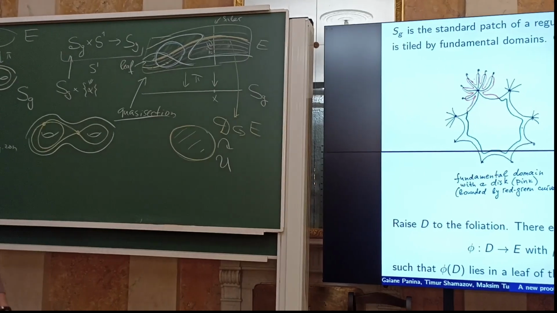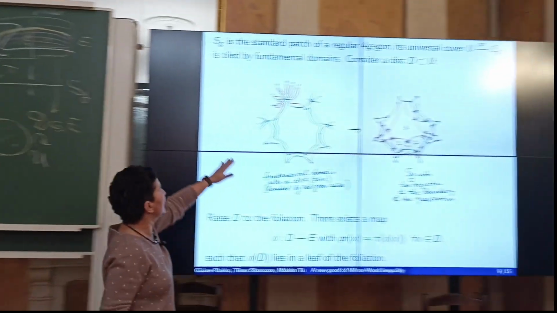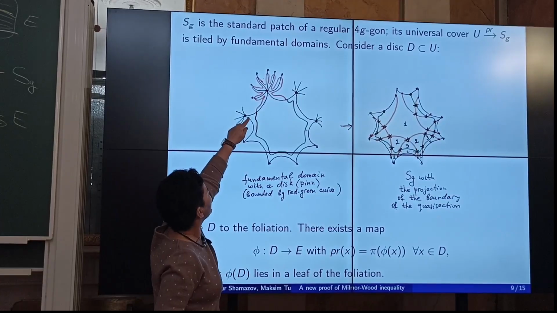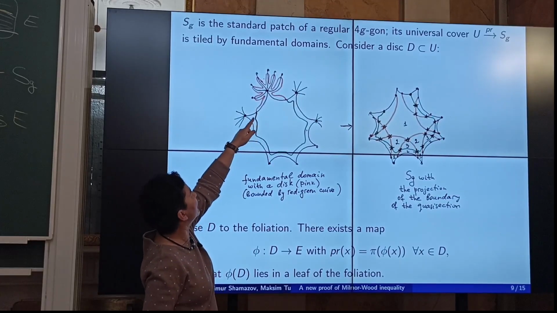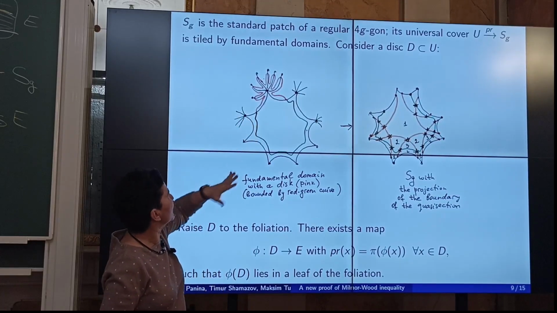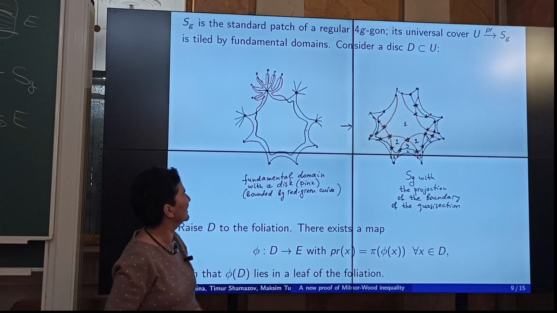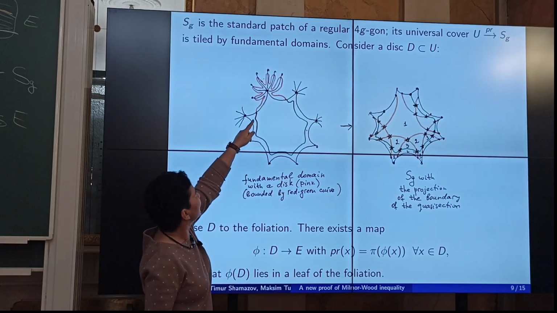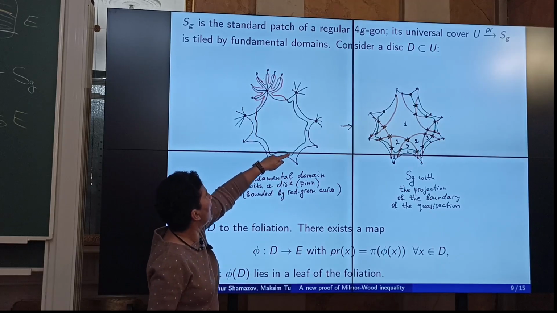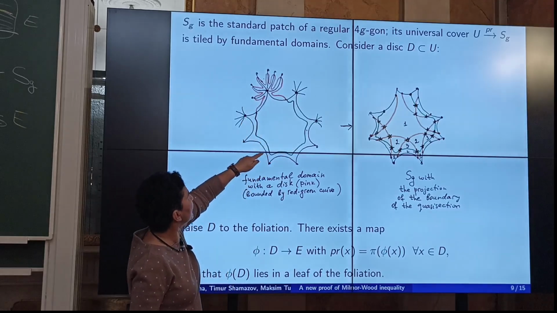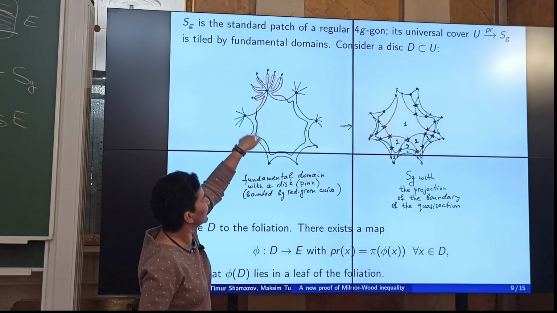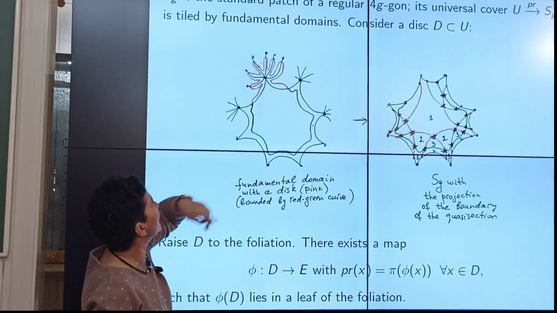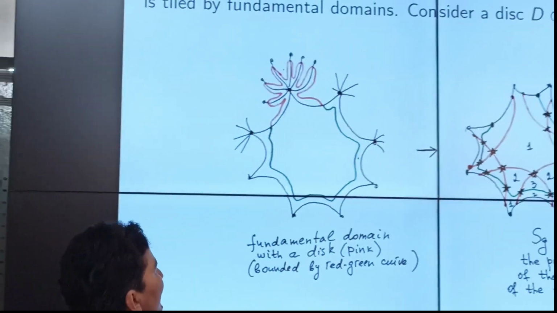It is like this. It is bounded by the green and the red curves. This is a very non-convex disk. The green curve bounds almost the entire fundamental domain, and there are also these tails.